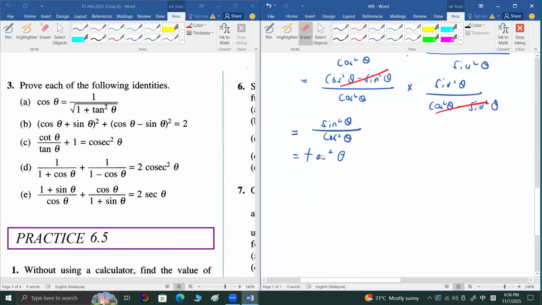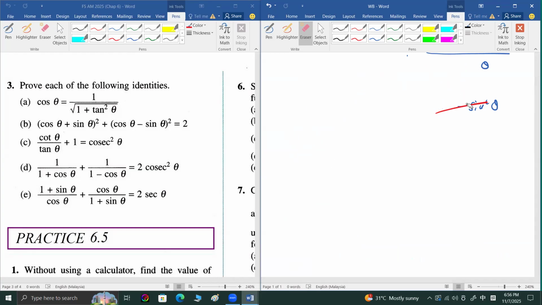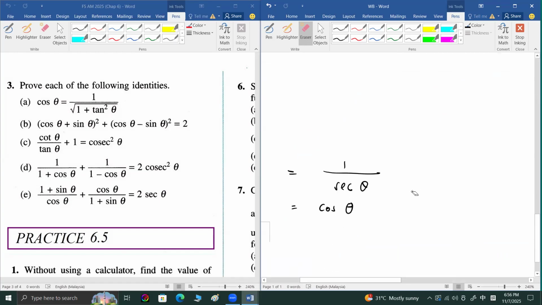Yeah, sorry, class. I can't delete the whole thing because the top part I still need to show you. Okay, now get ready for my section B.